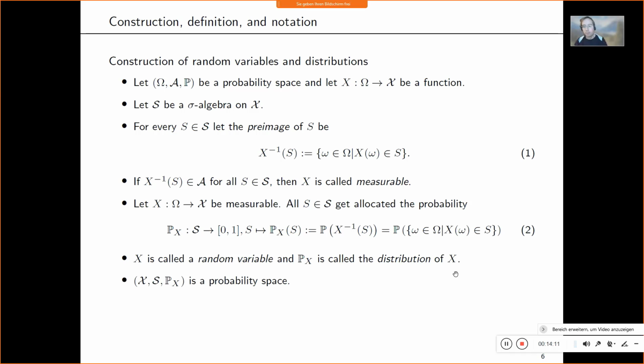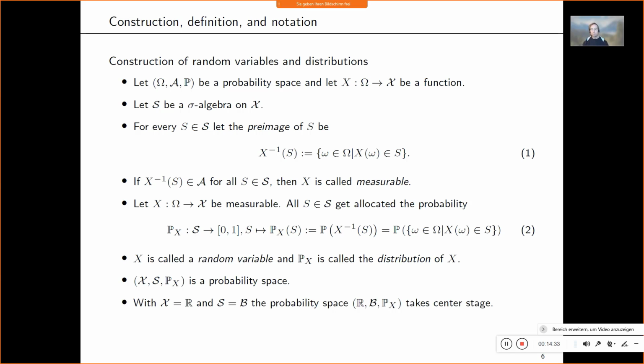Now we have created in this way, or constructed, a new probability space, namely with this outcome space X, a sigma algebra which we assume to exist on this outcome space, and the probability measure that we just defined. And so we created a new probability space.